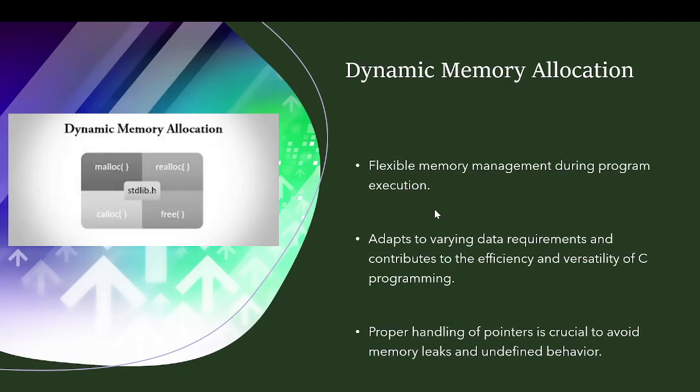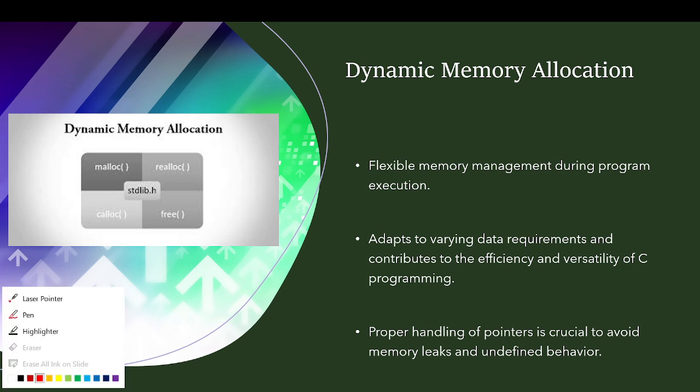The next application of pointers is in dynamic memory allocation. Pointers in C facilitate dynamic memory allocation, allowing adaptable storage utilization during program execution. Pointers contribute to the efficiency and versatility of C programming by dynamically adjusting to the changing data needs.